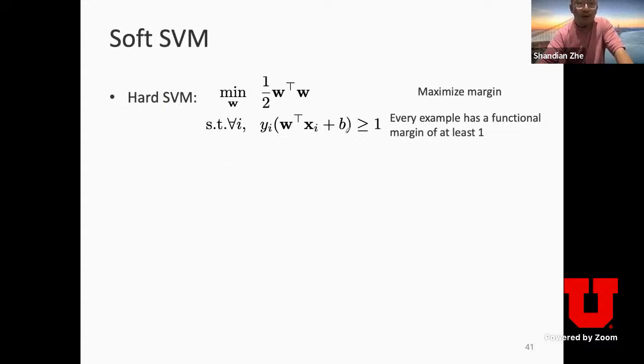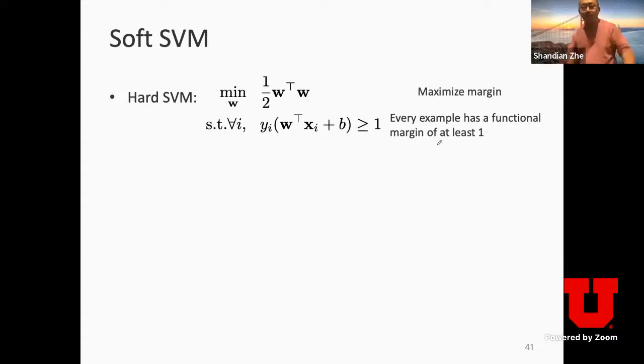So the hard SVM requires that for every example, your w, b has a function margin of at least one, right? Now, because we could allow some examples to break into the margin, but we do not know beforehand which examples can break into the margin, we should allow our optimization algorithm to automatically identify those outliers and let them break into the margin.